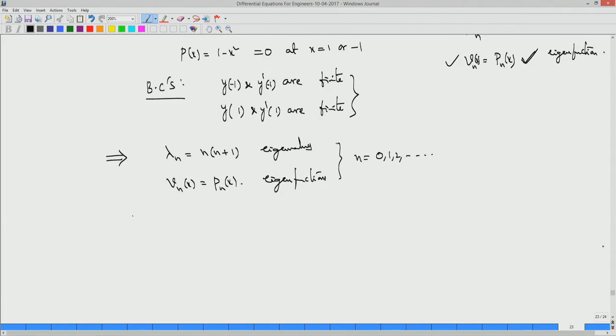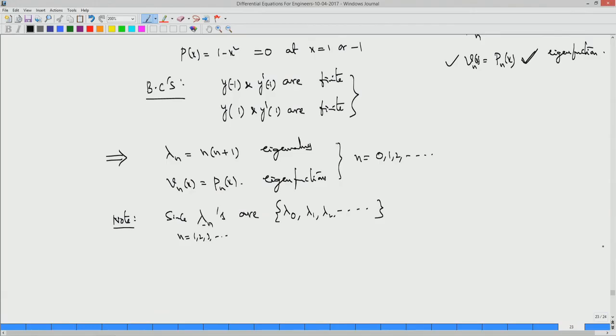So, as a note, the lambda minus n's are 0, lambda 1, lambda 2 and so on, for n from 0, 1, 2, 3 onwards.